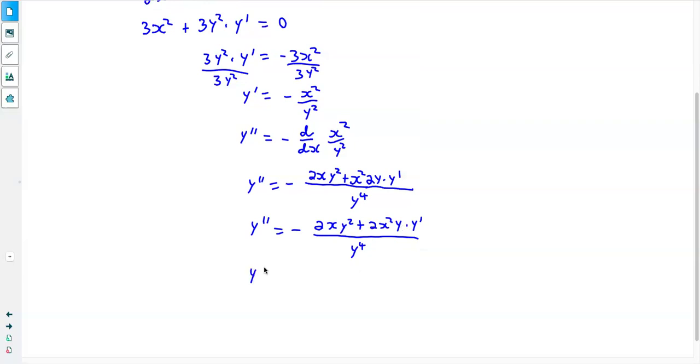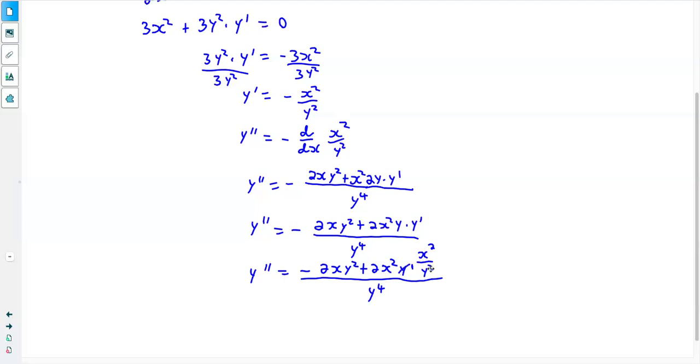So we have y double prime is negative of 2x y squared plus 2x squared y times y prime, which is x squared over y squared. And that's all over y to the power of 4.